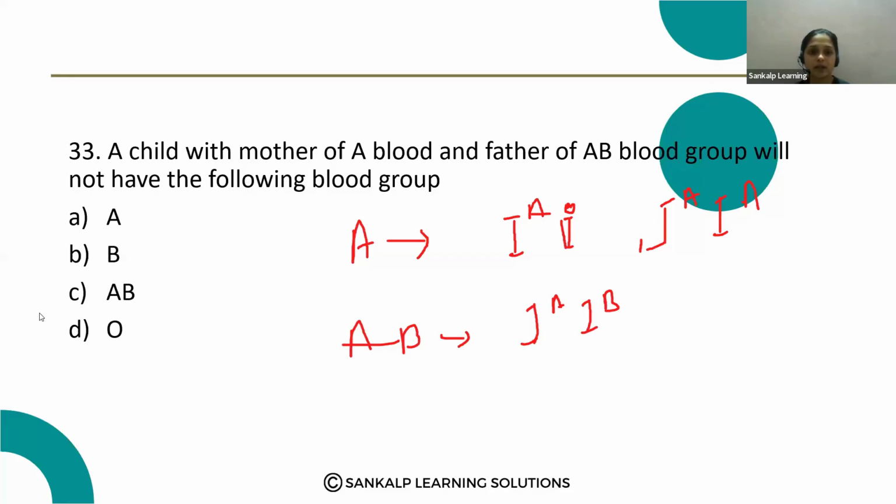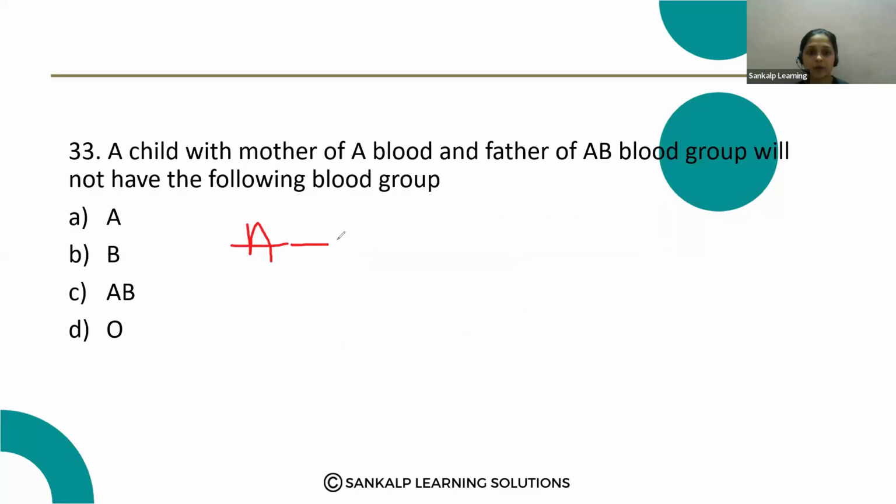Let us see the A blood group mother. We don't know whether she is homozygous A or heterozygous A. I will take the homozygous condition first and cross it with IA IB, because the father has the AB blood group.